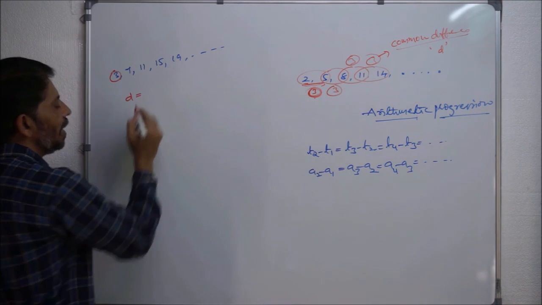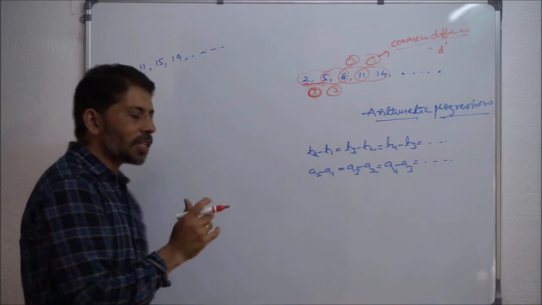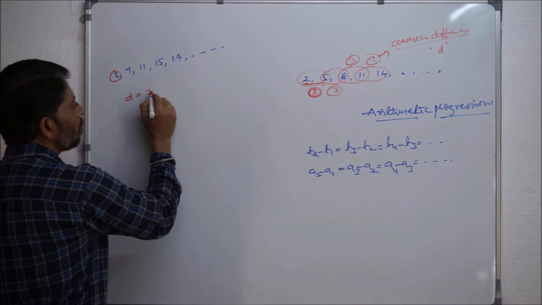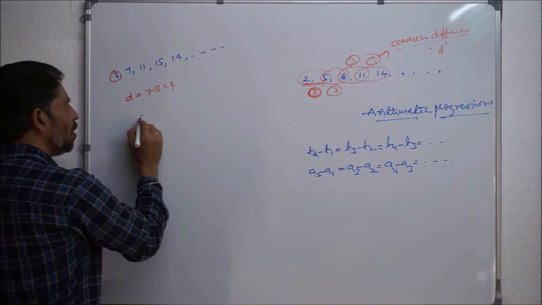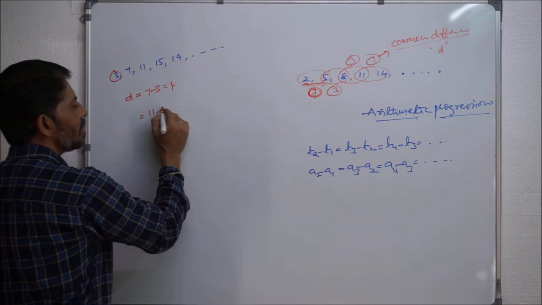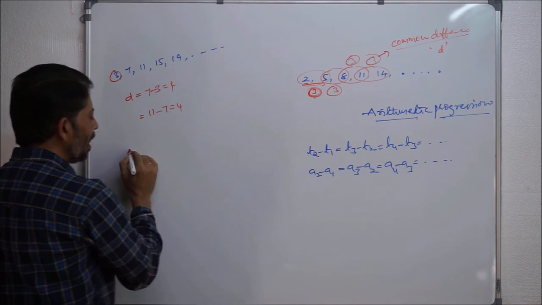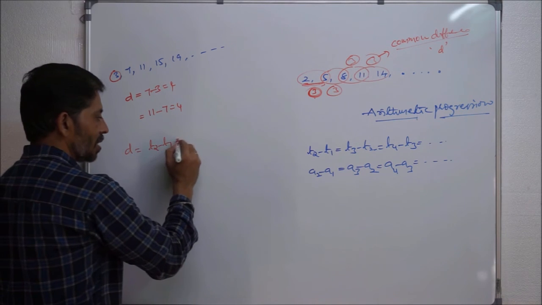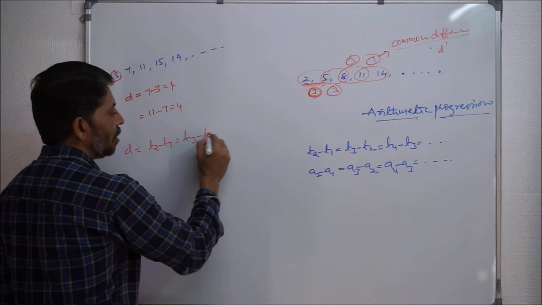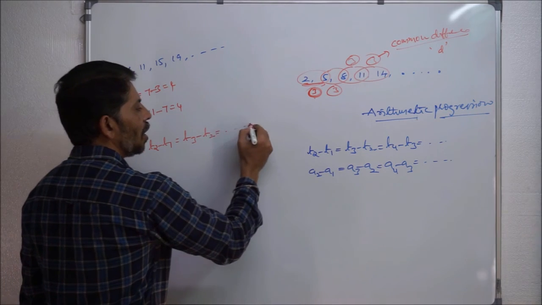Common difference D is the difference between any two successive terms, that is 7 minus 3, which is 4, or else instead of these two, you can use 11 minus 7 also, same. That is D equals T2 minus T1, or else T3 minus T2, and so on.